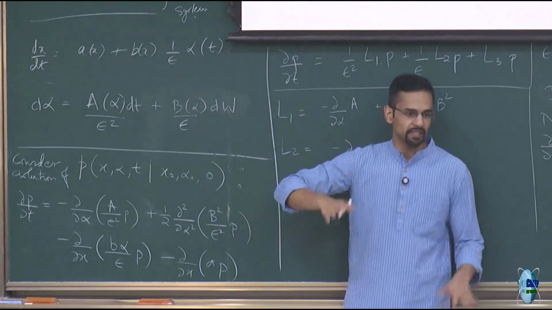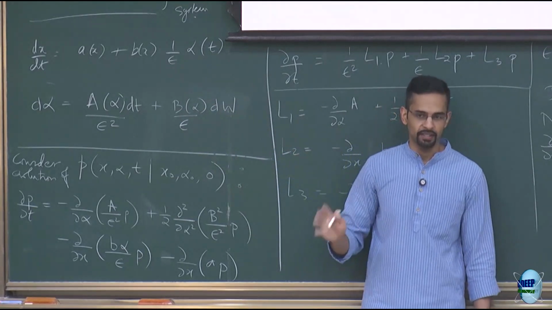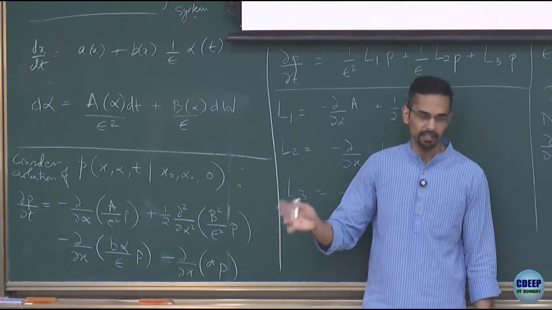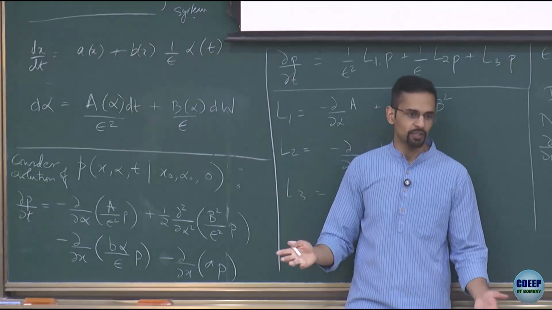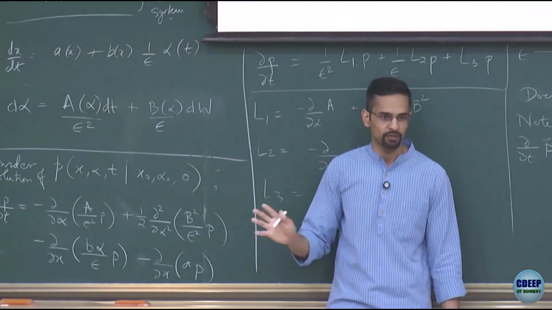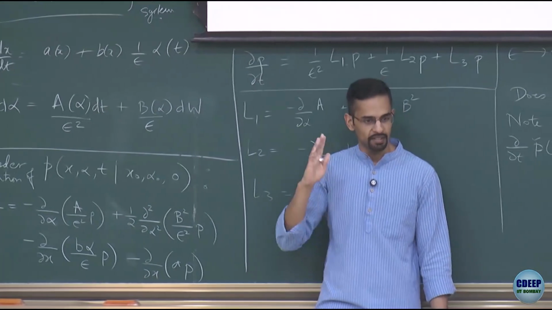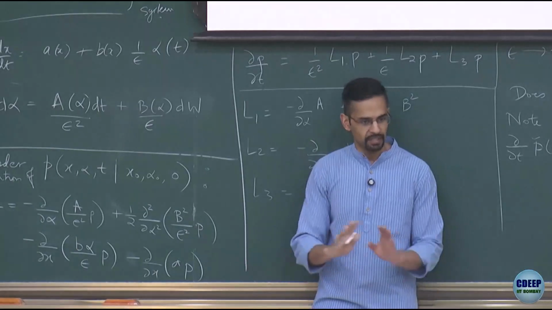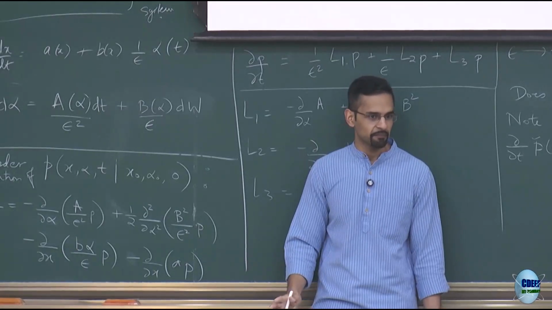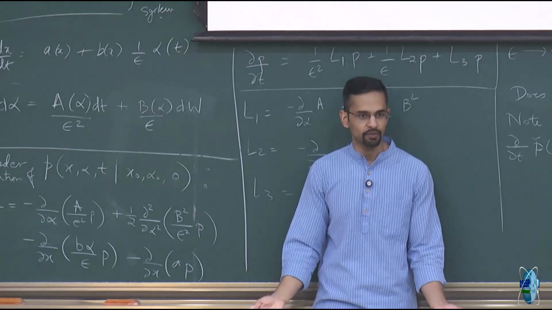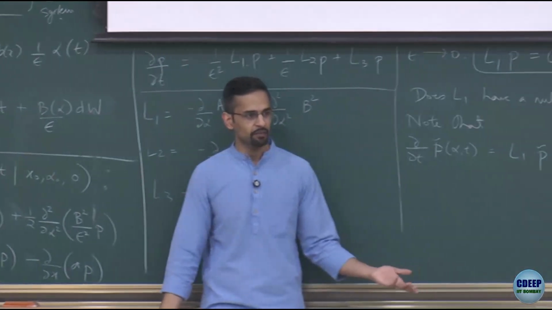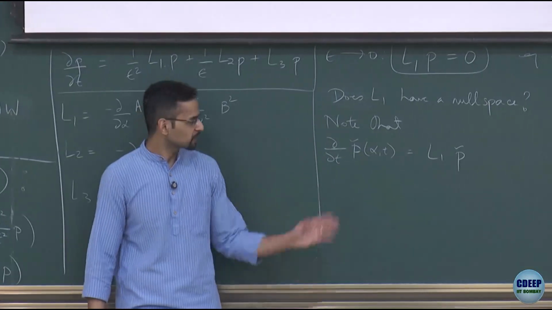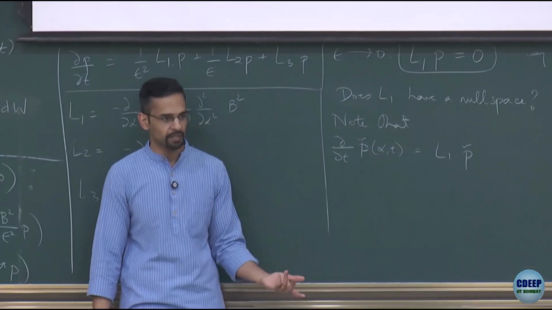So the whole premise is that I'm looking at some stochastic process alpha, which is stationary, and using it to force X. This means that alpha does have a stationary distribution. That is my basic assumption. And what will that stationary distribution satisfy? It will satisfy the Fokker-Planck equation where dp dt is 0. That's the definition of being stationary. If it is not stationary, then the statistics of alpha are evolving in time.